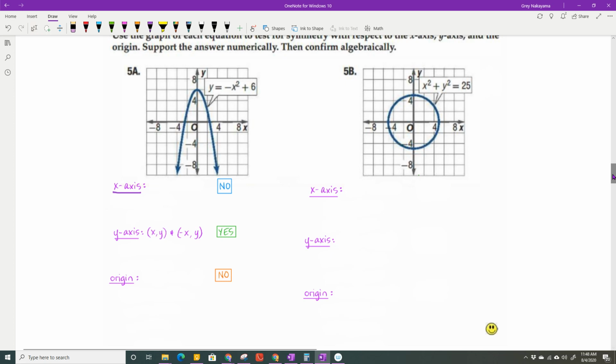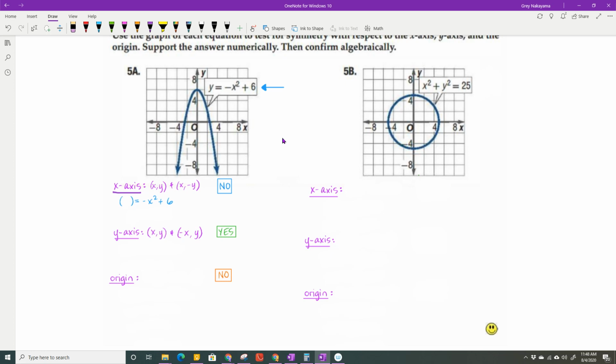Okay, if it's with respect to the x-axis, then I'm going to have a positive y and a negative y. And it all has to do with this equation right here. So if I have y equals negative x squared, this equation is coming from any point x, y. Well, what if I plug in x, negative y?